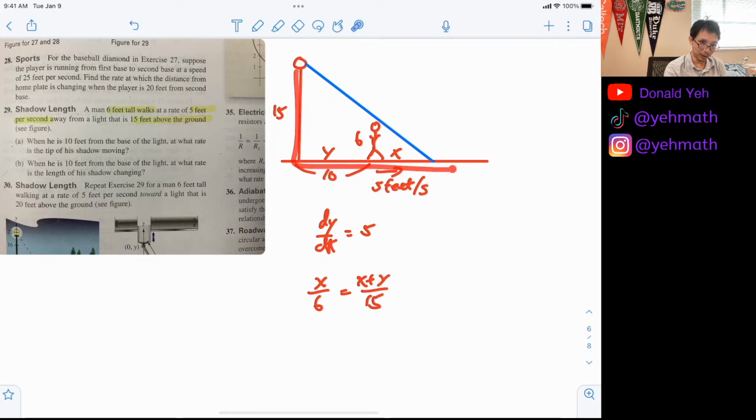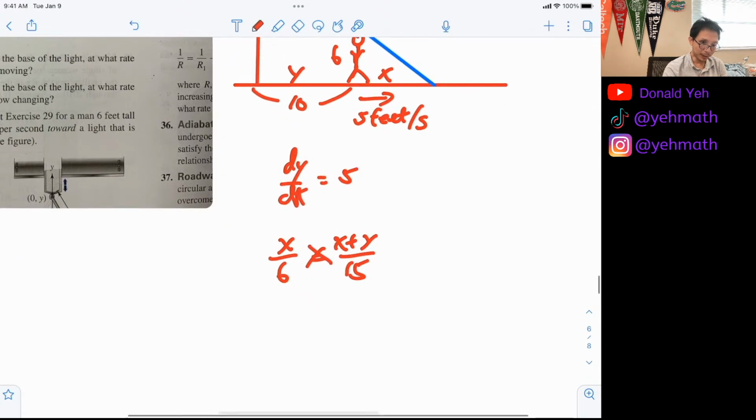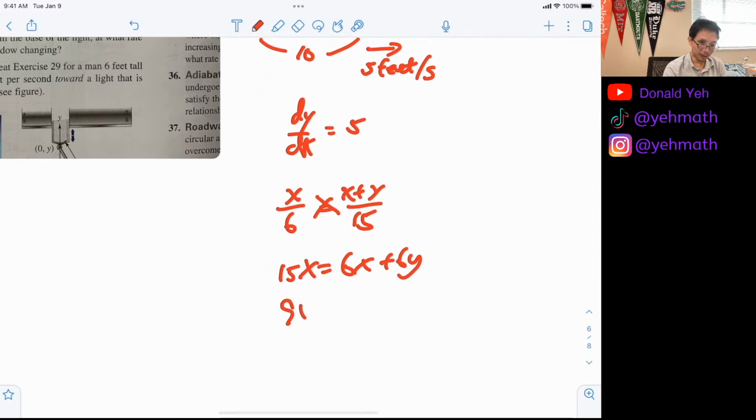So this ratio of x plus y over 15 is equal to the smaller similar triangle. That's how you set up the ratio. You can cross multiply in this case. So it'd be 6x plus 6y, and I can reduce that to 9x equal to 6y.